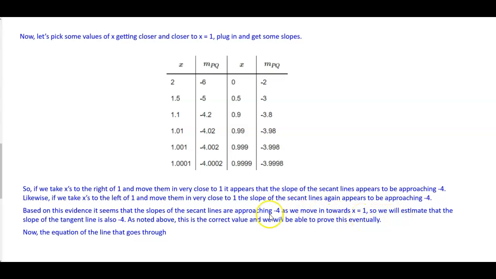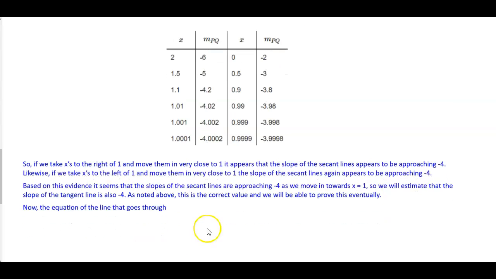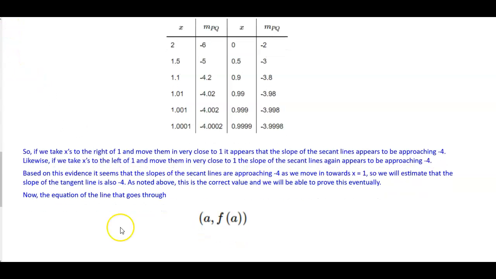So we will estimate that the slope of the tangent line is also negative 4. As noted above, this is the correct value, and we will be able to prove this eventually. Now the equation of the line that goes through the point (a, f(a)) is given by the following equation.